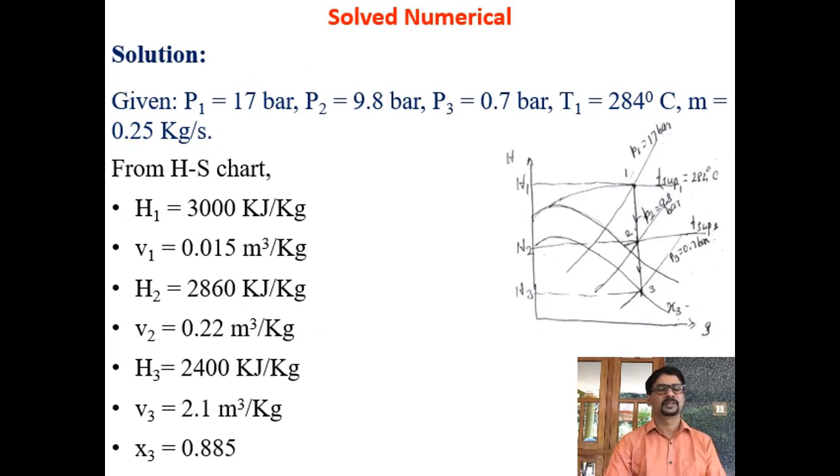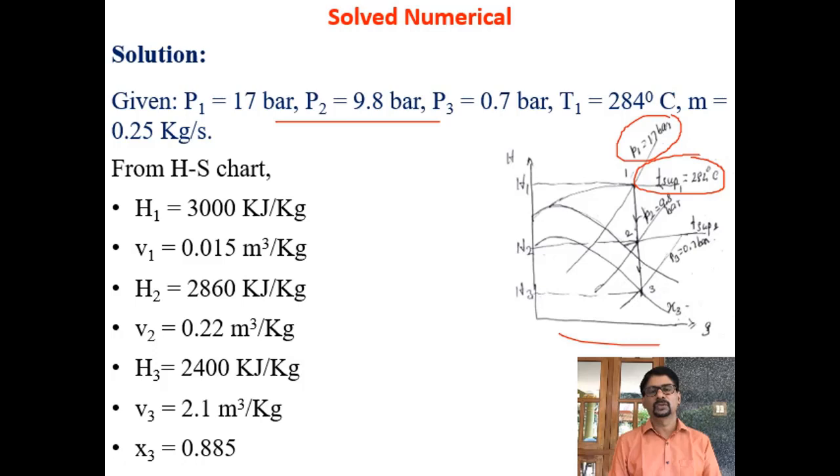For your reference, the given data is once again noted here. Now this is the Mollier chart for this problem. Initial pressure is 17 bar. Locate the 17 bar pressure line and also the temperature line of 284 degrees Celsius. I believe exactly the 284 line is not there, so you may have 250 and 300 lines. Between those, you have to locate an imaginary line representing 284 degrees Celsius.